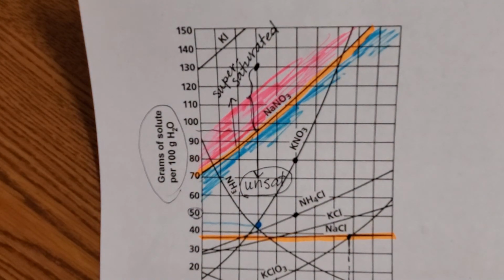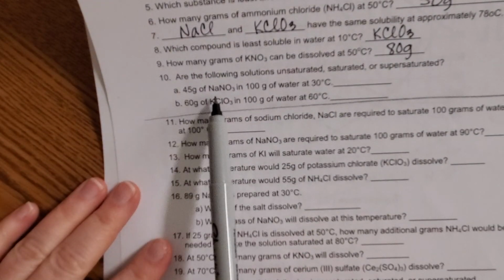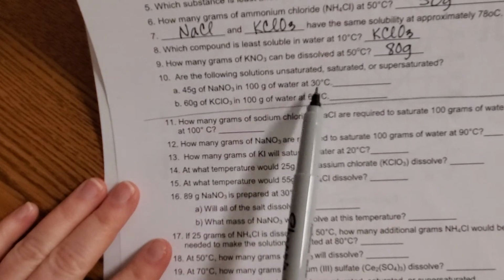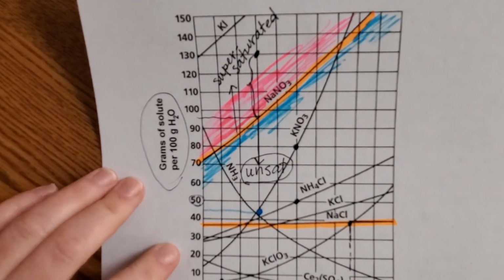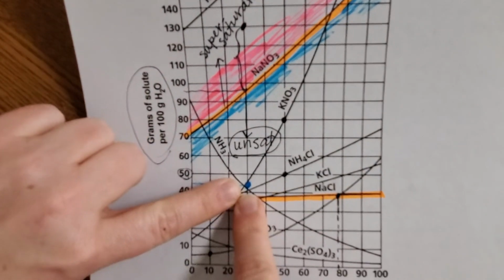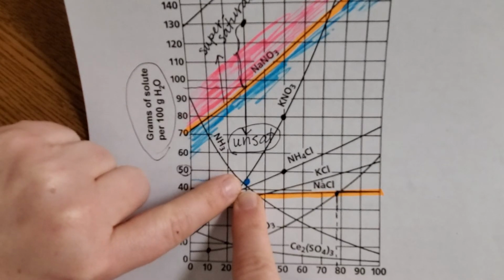So to answer this question, right, this question says, I have 45 grams of sodium nitrate at 30 degrees. So 30 degrees, 45 grams, there it is. That is under the sodium nitrate line. That means this is an unsaturated solution.